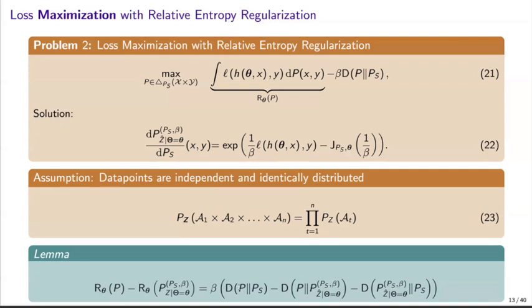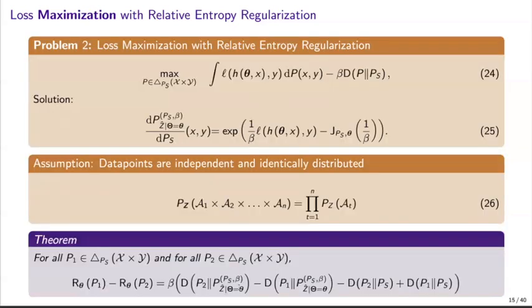Bigger than this result is that we can also formalize deviations from an arbitrary P2 to another arbitrary P1. And this is given in terms of, again, four relative entropies involving the worst case data generating probability measure.